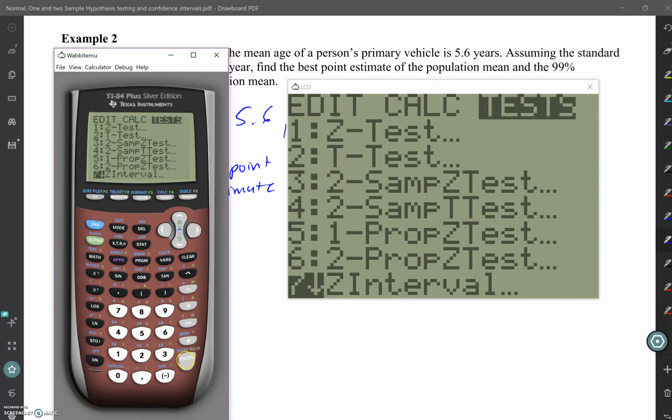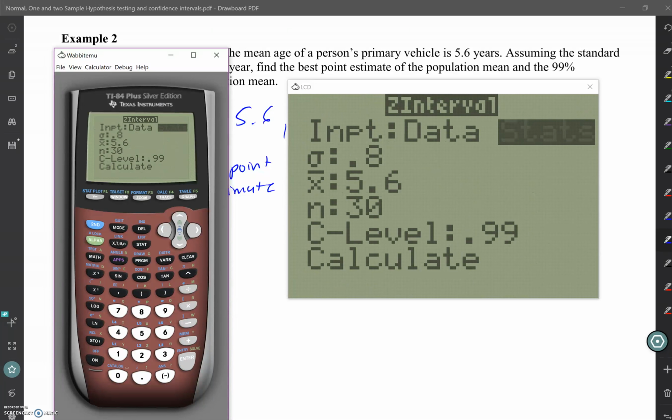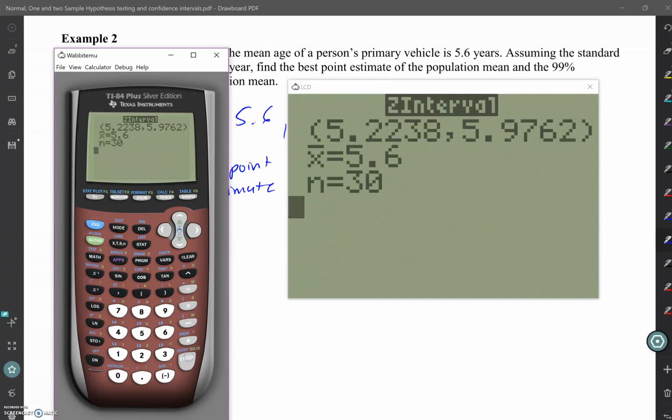It says z-interval. And then you want to make sure you highlight stats by hitting enter, and then you'll enter in each piece. And when I hit calculate, it's going to give me my interval. So that tells me that I'm in between 5.22 and 5.98 years for this.